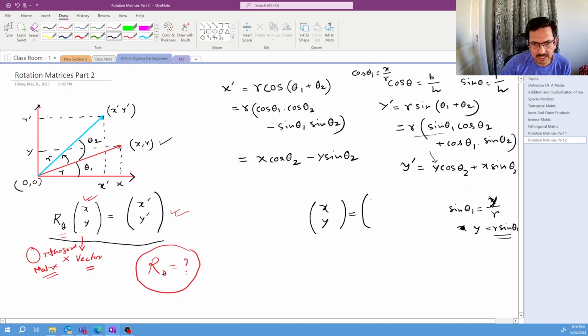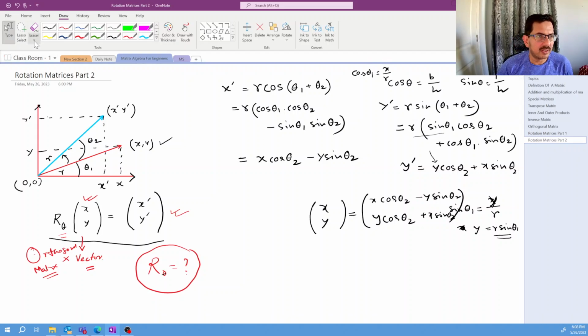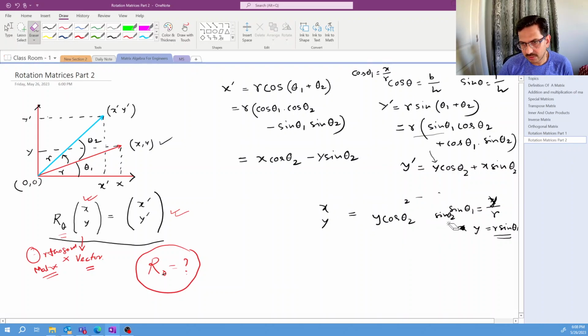So what we found is that x dash is basically x cos theta 2 minus y sine theta 2, and y dash is y cos theta 2 plus x sine theta 2. Okay, let me erase and write it clearly so that you can understand properly. Let's not complicate it, because it's important to understand, right?